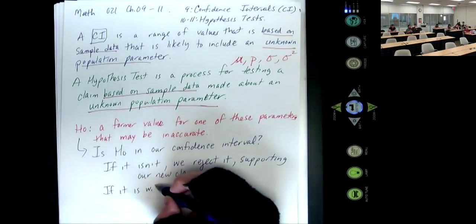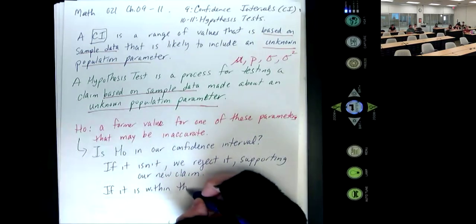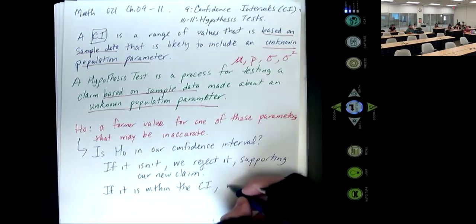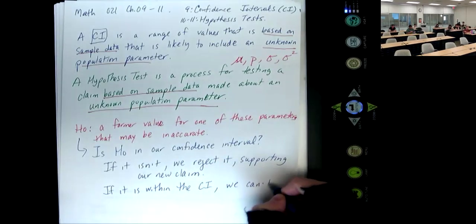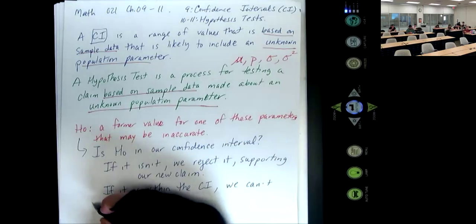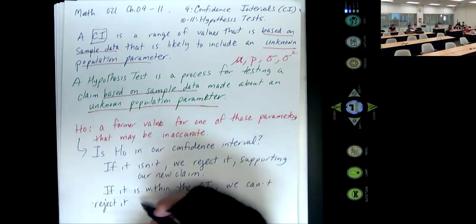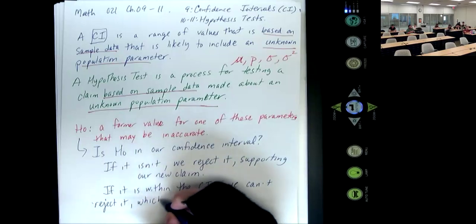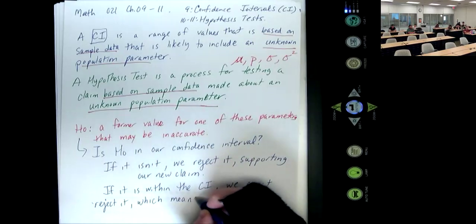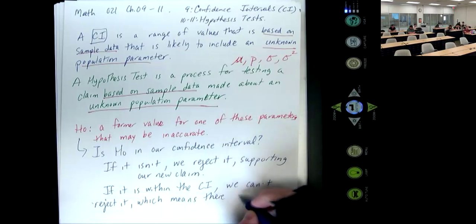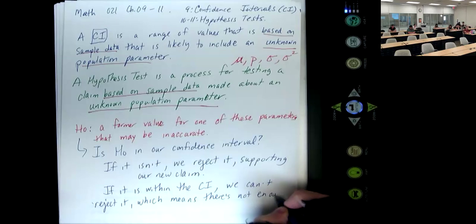It is within the CI, so we can't reject it, which means there's not enough to really support the new claim. Not enough proof to support the new one.